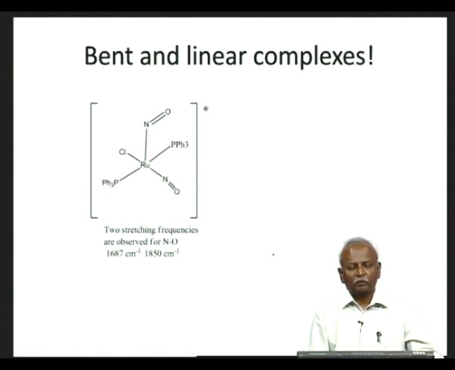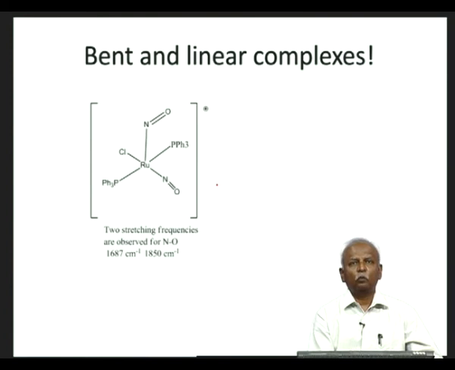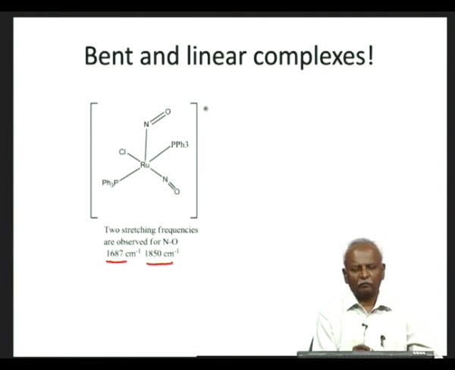Now, a very interesting system is a ruthenium complex that we have in front of us right here. This ruthenium complex pictured here has got one bent NO and one linear NO, and we arrive at this information that it has two different types of nitric oxide on the basis of the two stretching frequencies that we have observed.